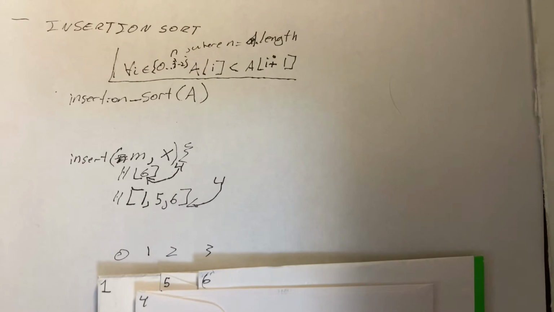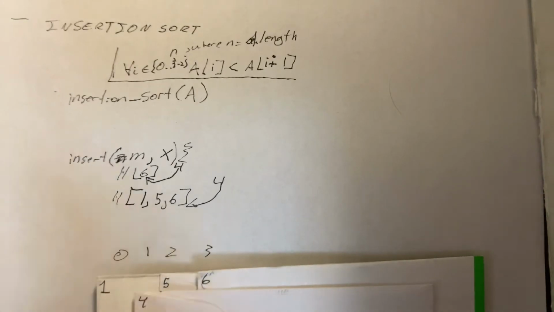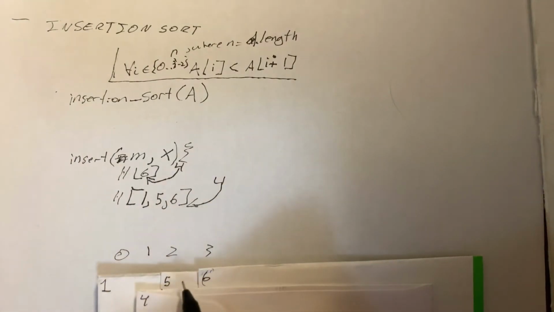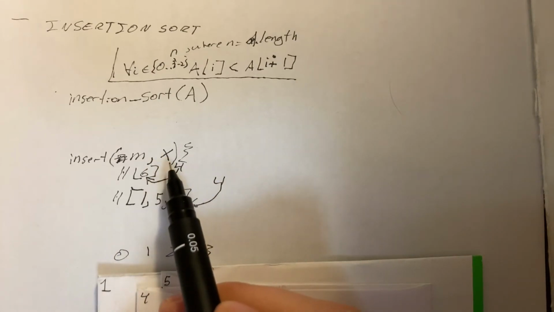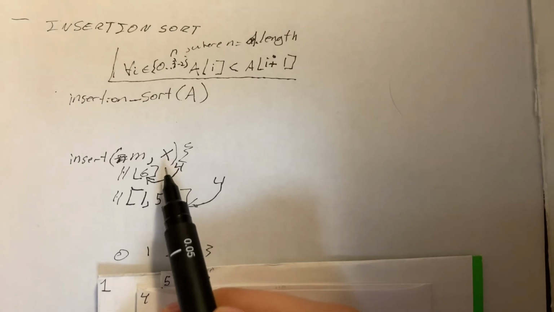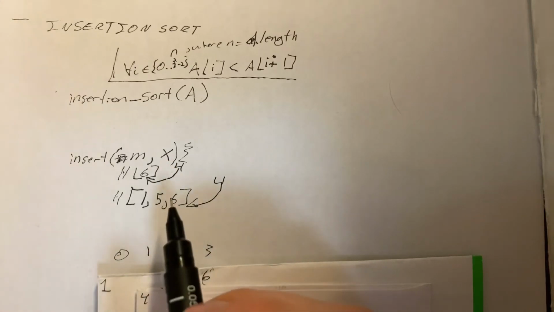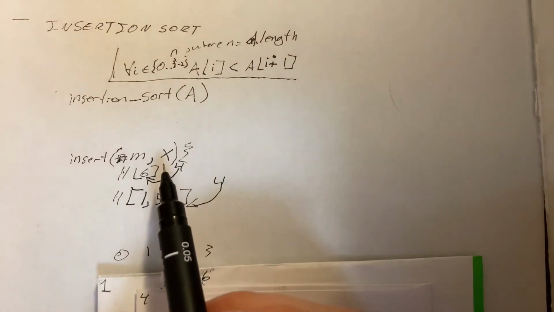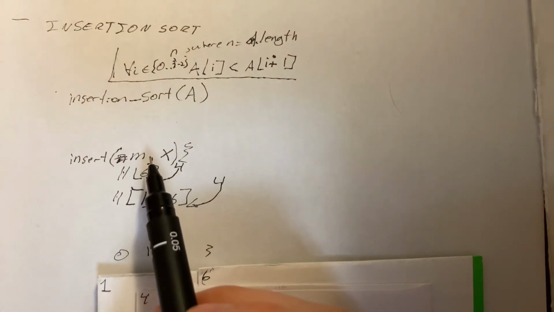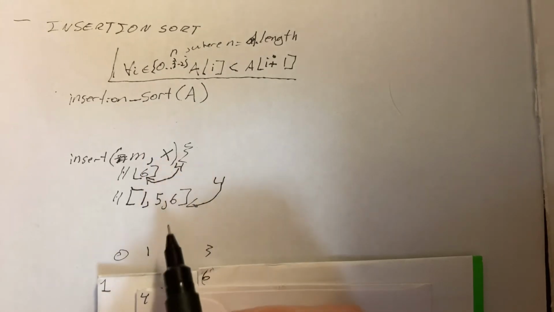So the way we write that in code is, in this example, m was 2, and x we already had stored in a variable. And we'll say that this insert function pre-assumes that we can overwrite the position at m+1 just fine, without any issues occurring, presumably because we have already stored the value at index m+1 into the variable x.